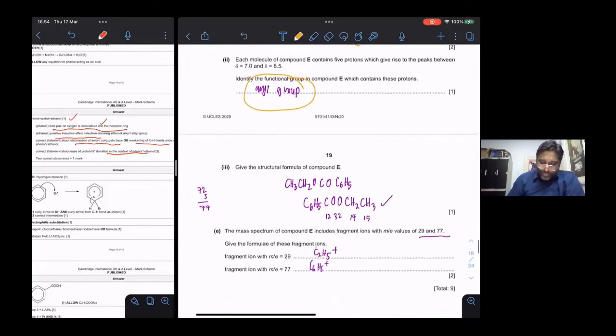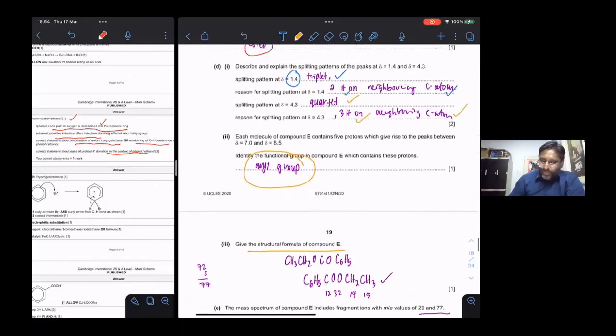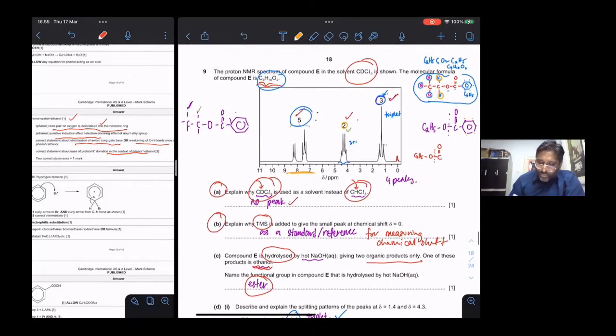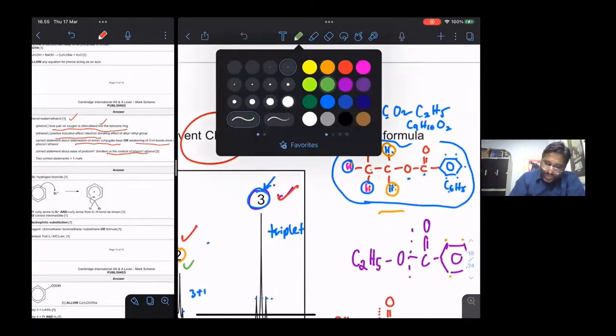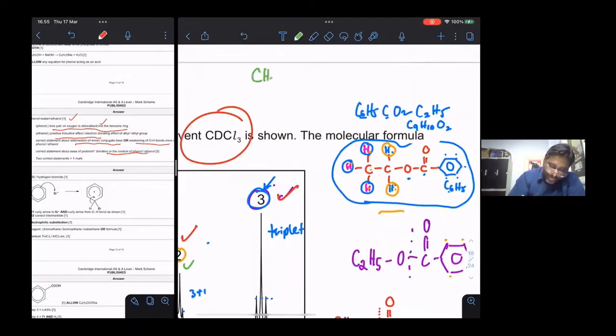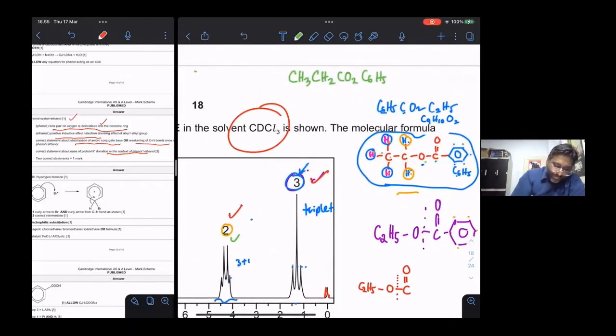And then they ask you to give the structural formula of compound E, because I know for certain now this is compound E and I want the structural formula. So you write down CH3, and then CH2, and then you have CO2, and then you have C6H5. I think it's better to write it the other way around.